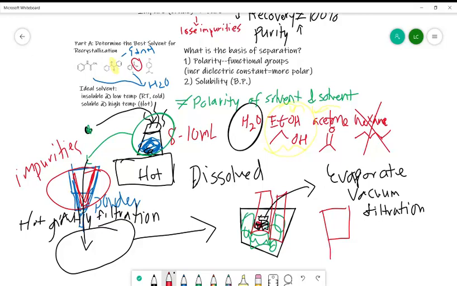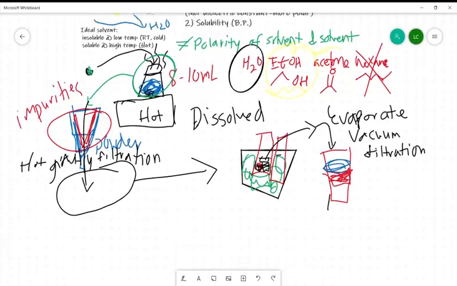So here's an adapter. Essentially, you use a little filter paper here, and then you would pour this through after you set it up. Let me just move this down.